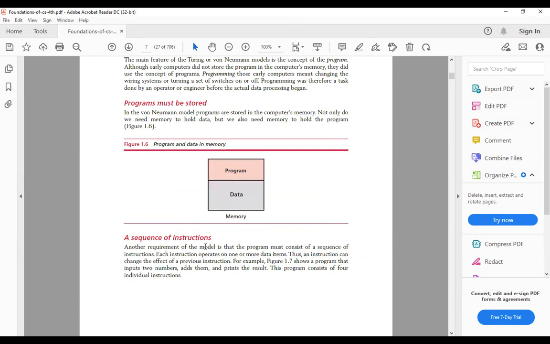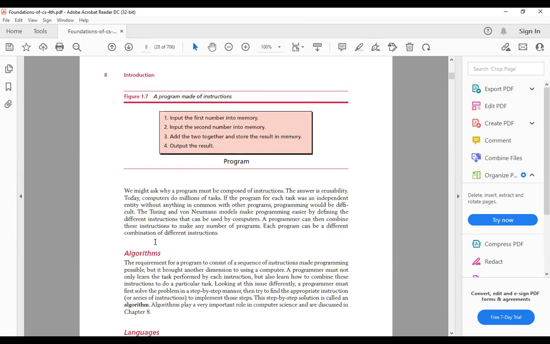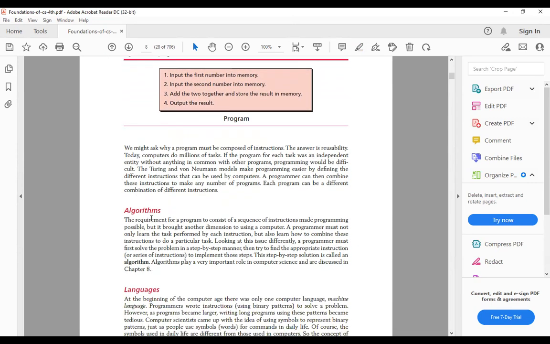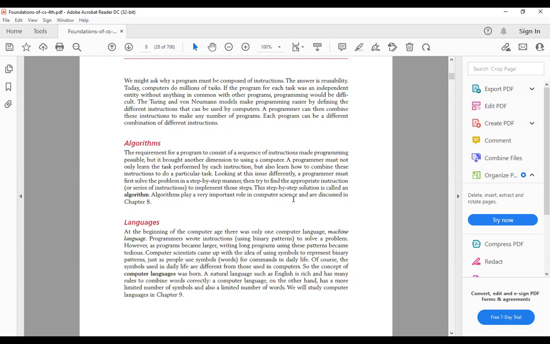Sequence of instruction, this is the declaration of the program, and as we state, the program is a set of instructions that tells the computer what to do. In chapter 8, we will cover the algorithms, and algorithms are very important when we talk about computer science. And in chapters 9 and 11, we're going to talk about different programming languages. In this course, we will cover the C programming language.